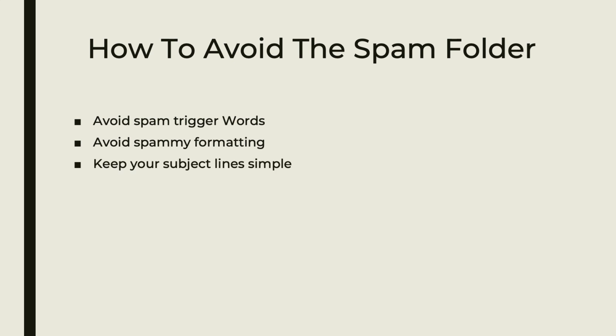Third, keep your subject lines simple. Clear and concise subject lines are less likely to be flagged as spam, right? So avoid deceptive or misleading subject lines that may frustrate or mislead the recipients. A lot of subscribers, when they receive an email and the subject line is misleading, it increases your bounce rate, it increases your unsubscribe rate, and these are all going to affect your entire score.